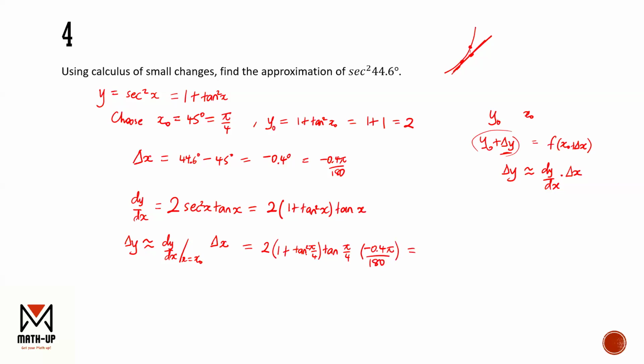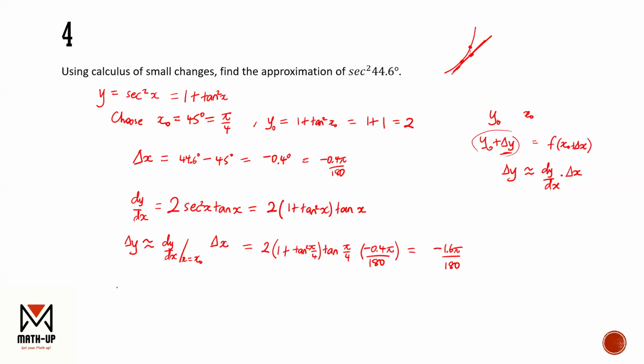Now we know that tan of pi over 4 is 1, so it's just going to be 2 times 1 plus 1, which is 4. 4 times 1 is 4. So this is going to be negative 1.6 pi out of 180. So this is our change in y.